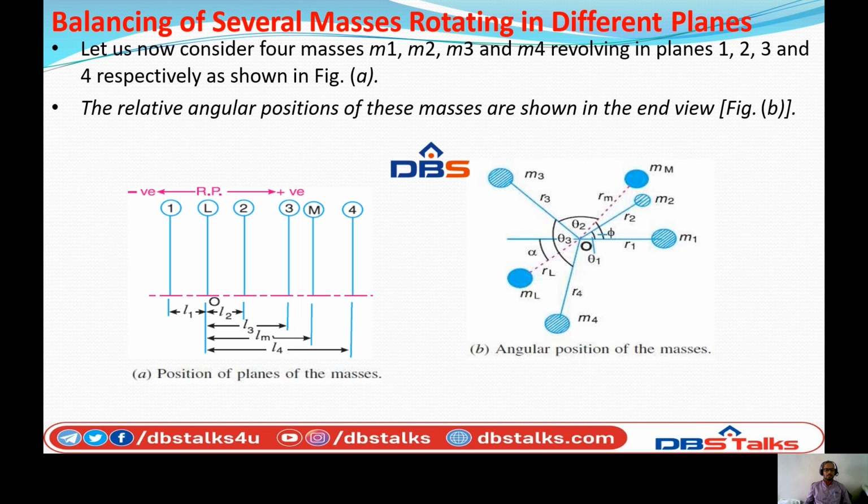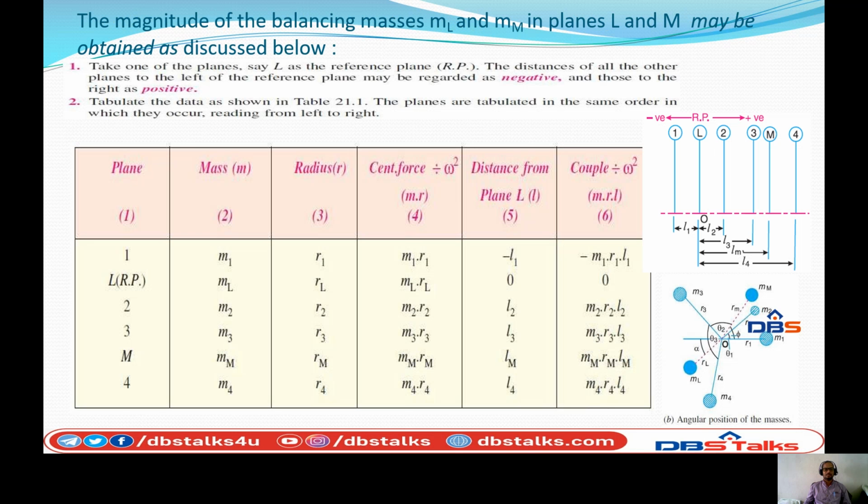Then the magnitudes of the balancing masses, that is mL and mM in the planes L and M, are to be obtained by taking one of the planes as a reference plane.